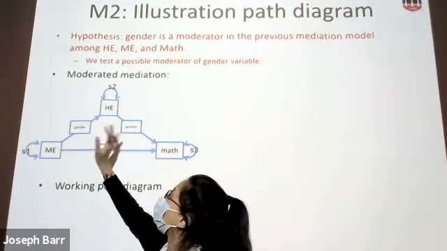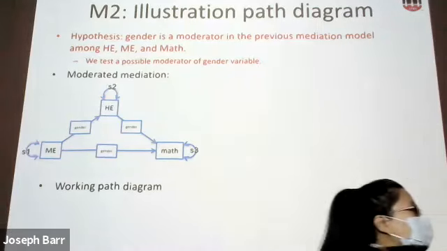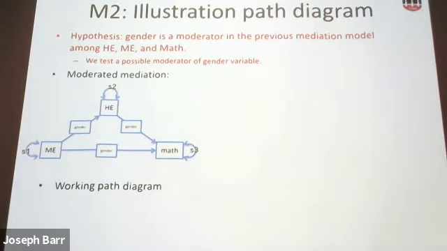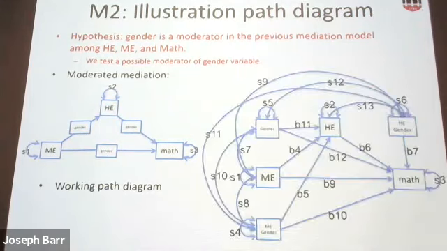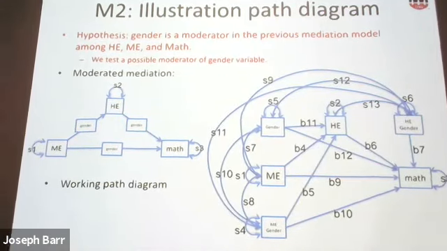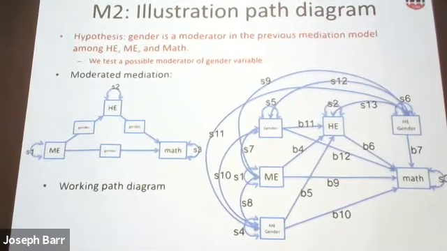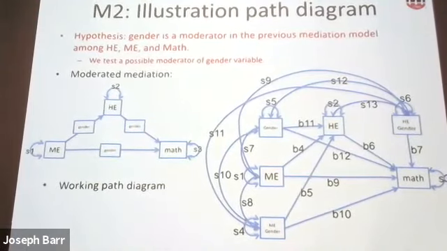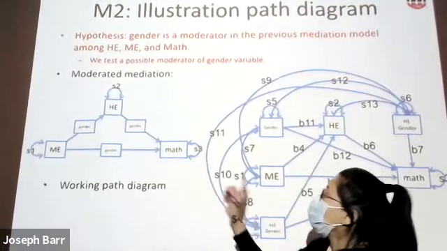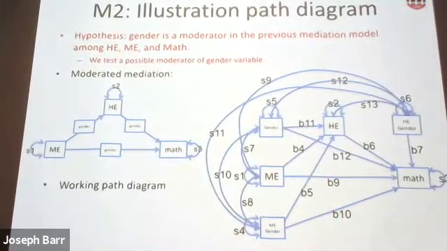But now we use a complete mediation model and then put the gender in all of these three tests. Yeah. This is a working diagram. Yeah, if you want to do this test, you have to use this model.